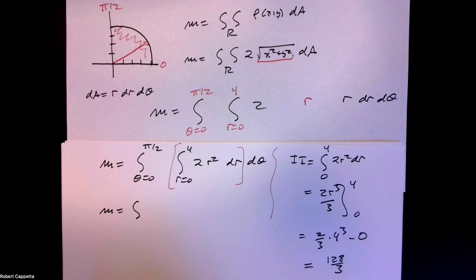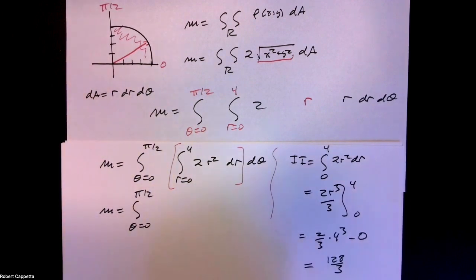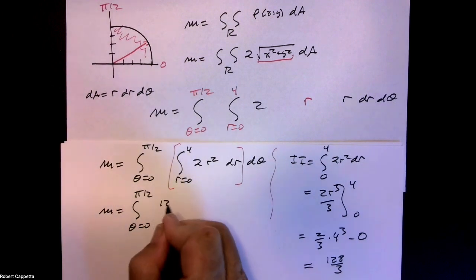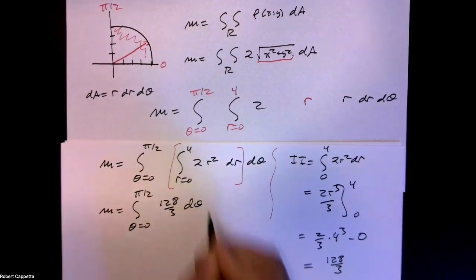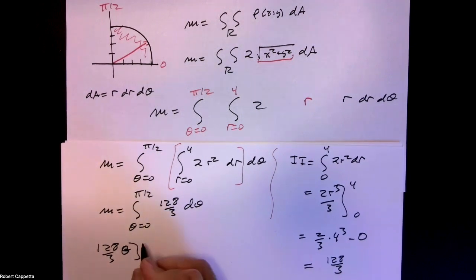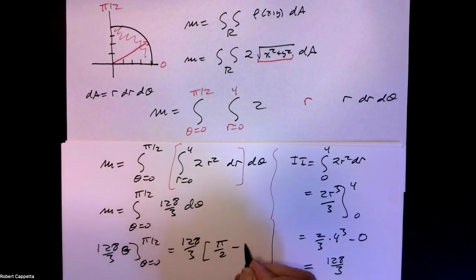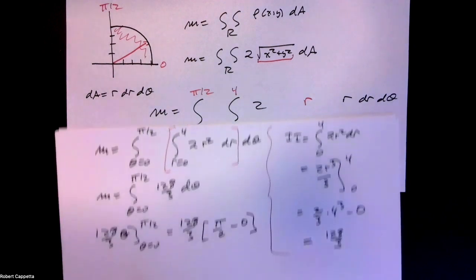M is the integral as theta goes from 0 to pi over 2 of 128 over 3 d theta, which is 128 over 3 theta. Evaluated as theta goes from 0 to pi over 2, which is 128 over 3 times pi over 2 minus 0, which would give me 64 pi over 3.